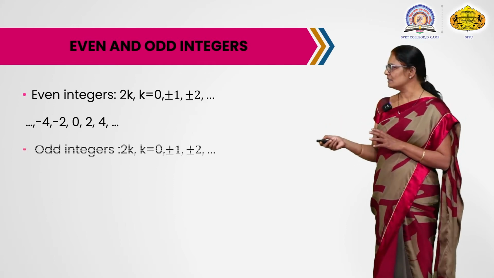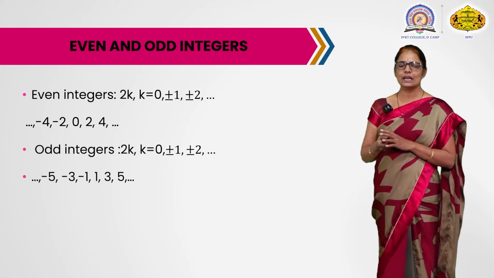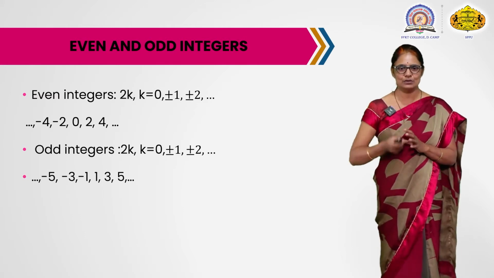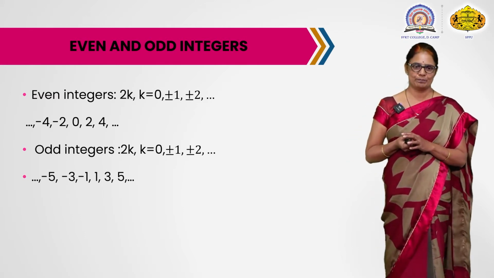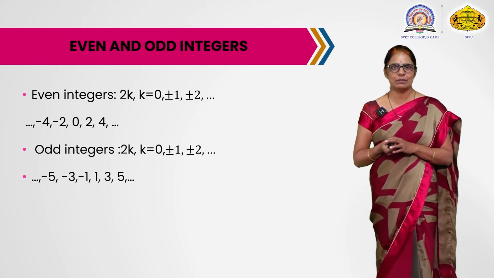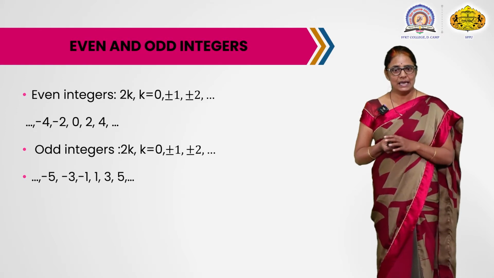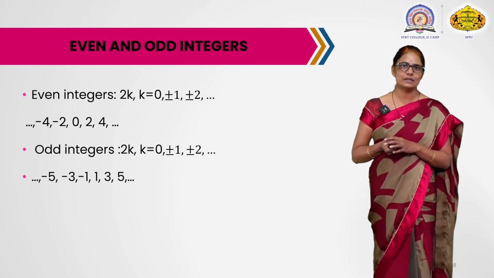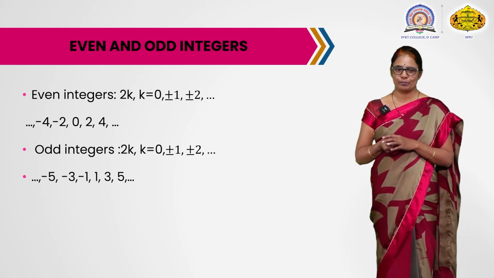Any odd integer can be written in the form 2k plus 1. Sorry, there is one mistake, here you should write 2k plus 1. The integer which can be written in the form 2k plus 1, where k is either 0, plus minus 1, plus minus 2 and so on.